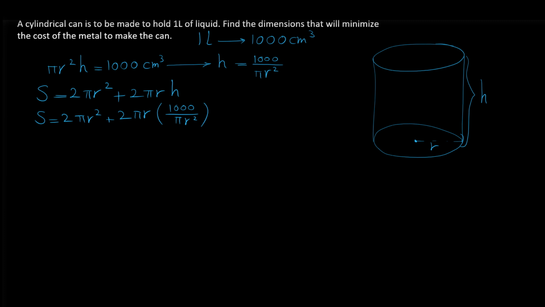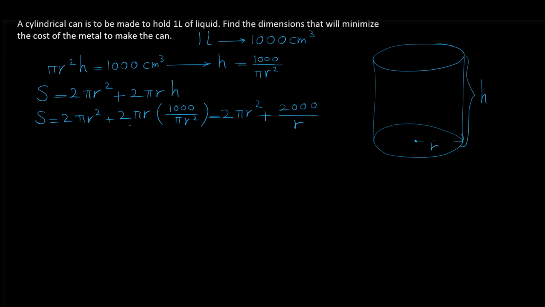If we simplify pi from the top with pi from the bottom and 1 r from the top with 1 r from the bottom, s would be 2 pi r squared plus 2000 over r.